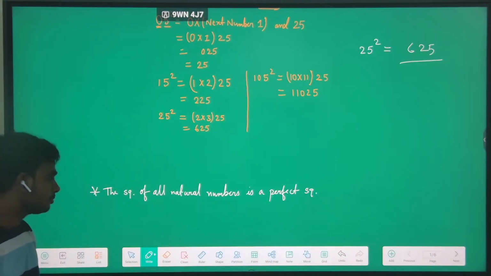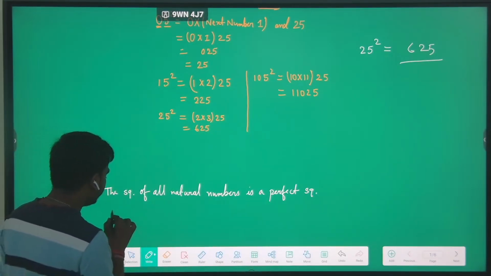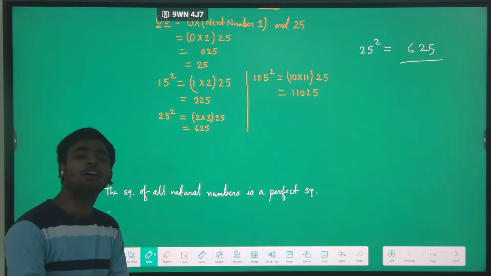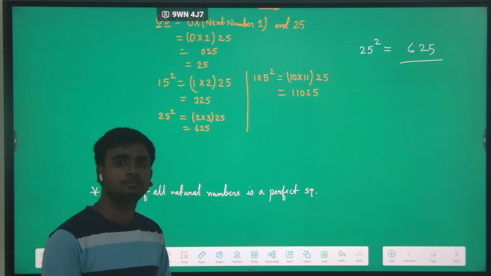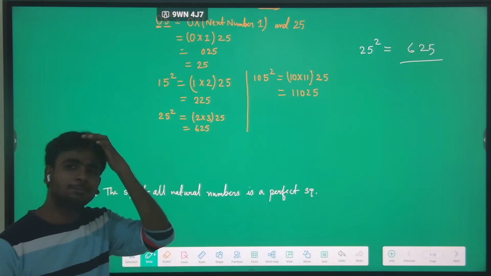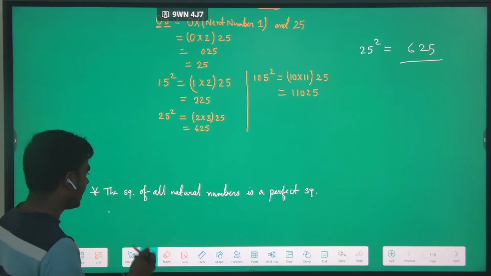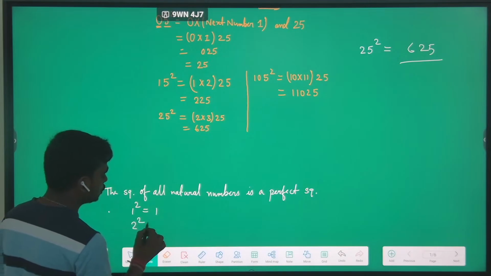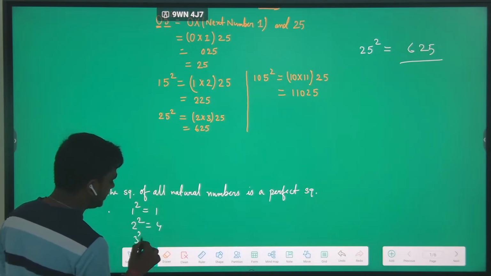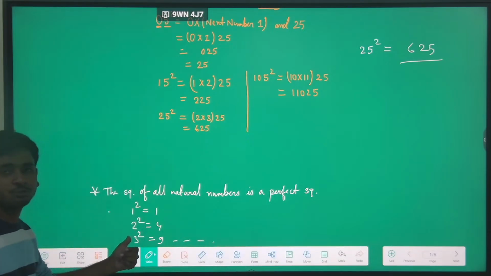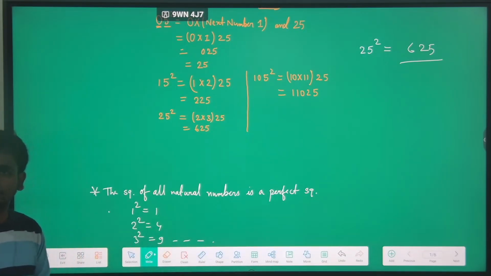But my question is, are all natural numbers a perfect square? We have seen that 1 square is 1, 2 square is 4, 3 square is 9, and so on. The squares of natural numbers are perfect squares.